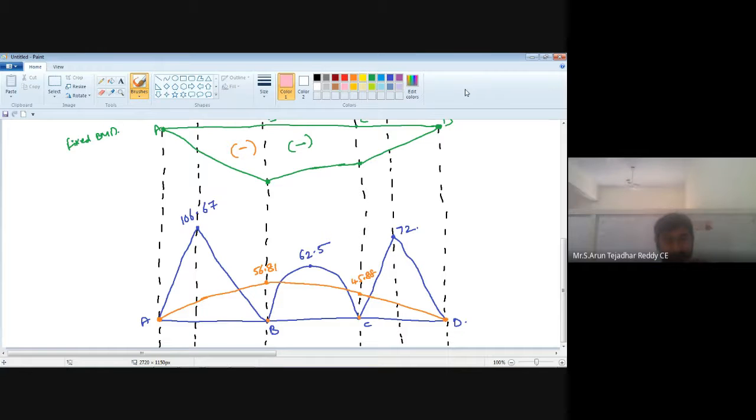See here, it is a positive bending moment diagram. Next, here it is a positive bending moment diagram. Next, here also it is a positive bending moment diagram.